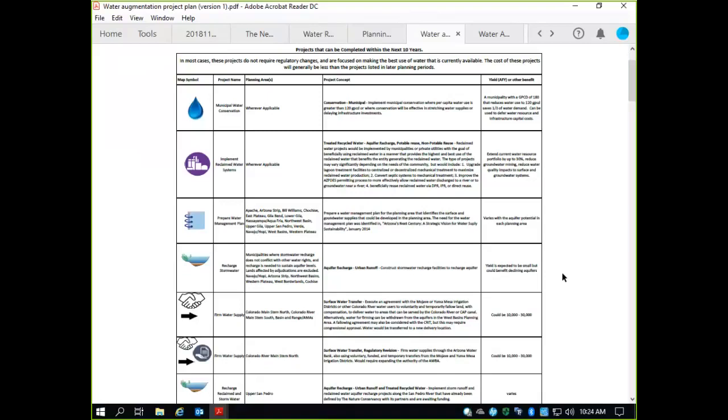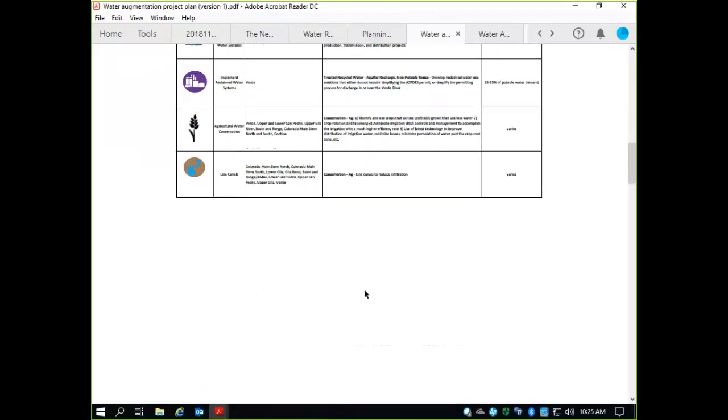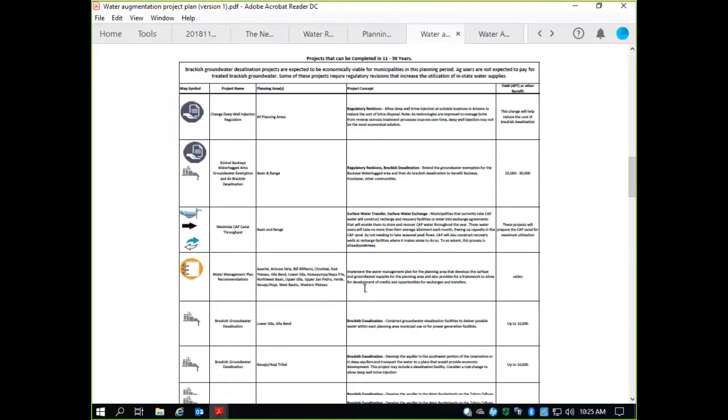Another differentiator is on brackish groundwater desalination. For municipalities today, the price point just isn't there yet. That does not mean it won't happen in the future as the price of water goes up and as the cost of managing brackish groundwater and brine goes down.